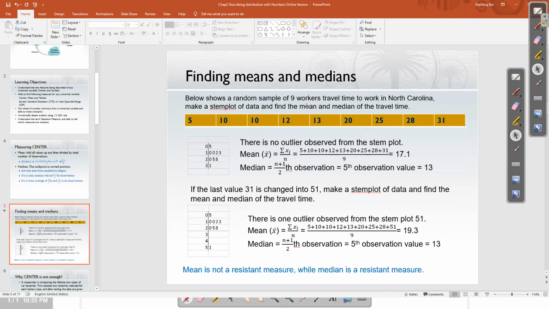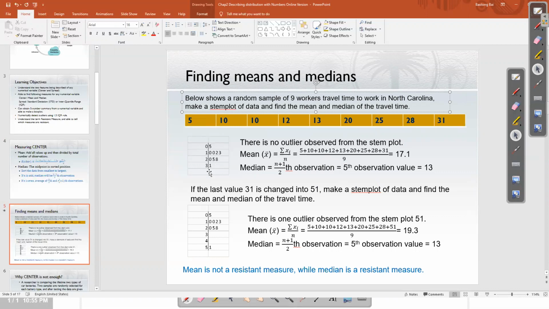So then we need to find the mean and the median of the travel time and make a stem plot also. The stem plot we learned from last class, right? So look at the stem range from 0 to 3, and then put a corresponding leaf on the stem so we can look at the mode, the center, the spread, the shape, and the outliers very quickly from the stem plot.